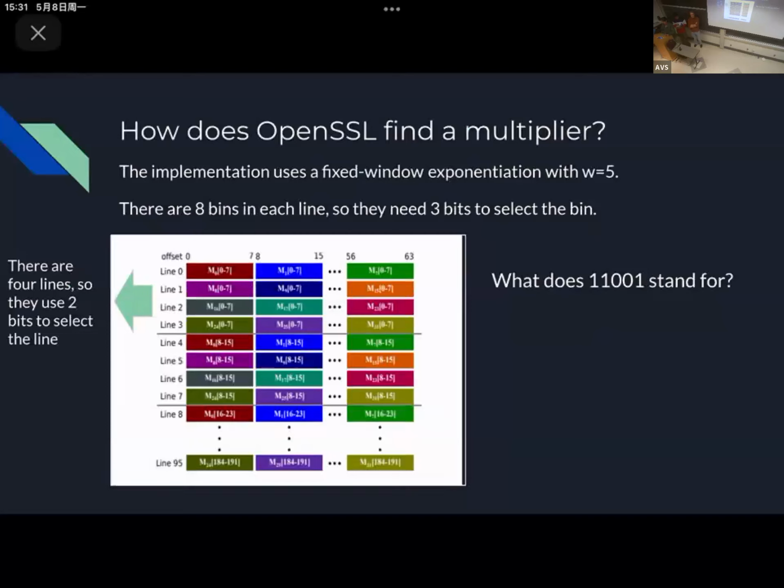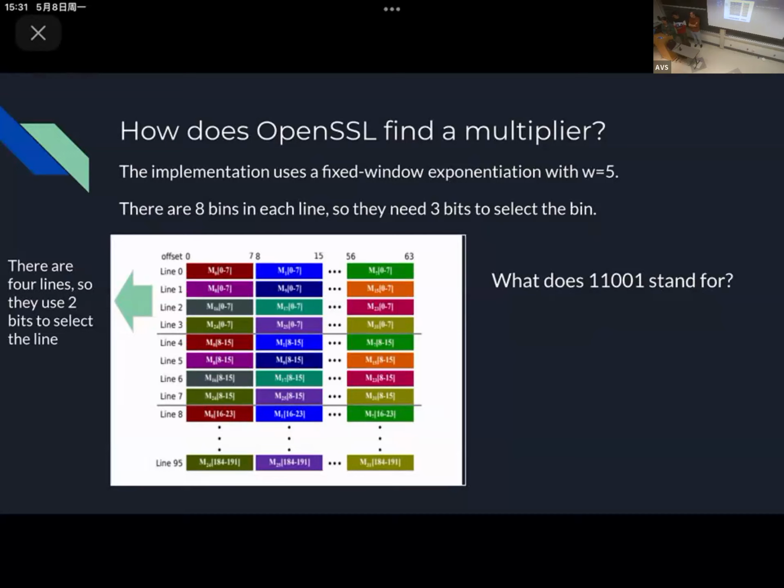Now I'll talk about the OpenSSL scatter-gather implementation. Instead of scattering the multiplier into different lines, we first divide it into 64-bit fragments, and then scatter it across different groups of 4 consecutive lines, shown in the picture.